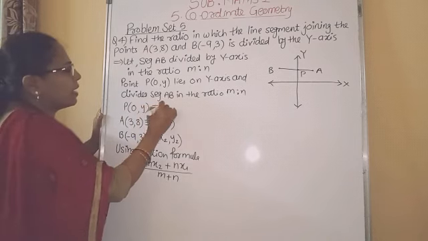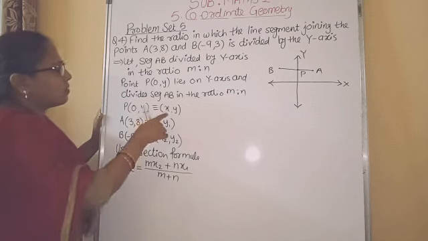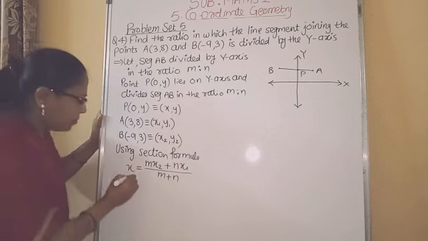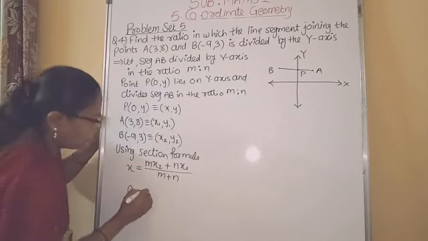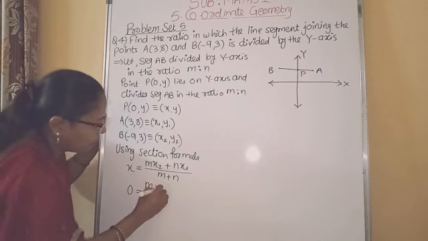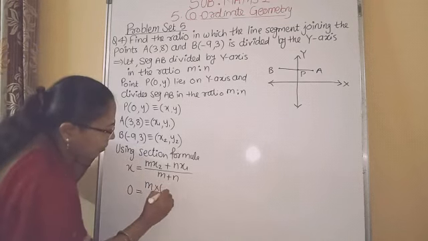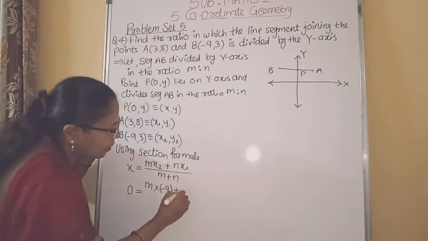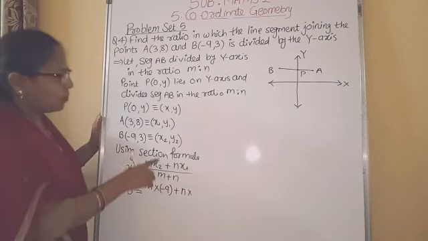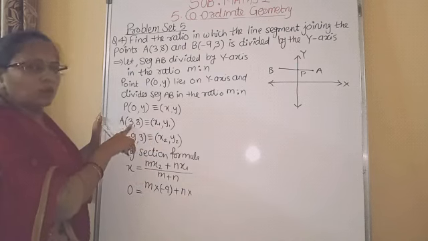These coordinates we will assume x, y. So 0 is equal to m, we don't know, x2 is equal to -9, so write in bracket, plus n also we don't know, but x1 is equal to 3.